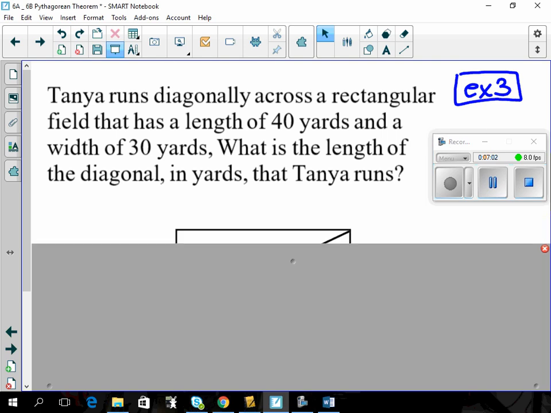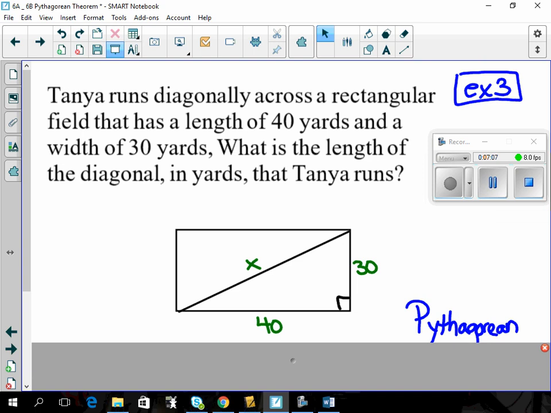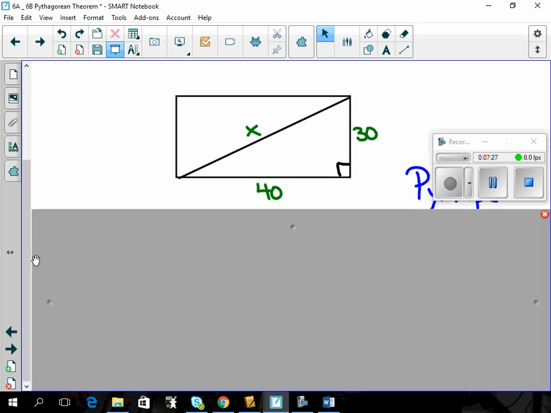So when we look at a picture of this, this is what we're looking for. A rectangle with a diagonal and a length of 40 and a width of 30. Notice that that diagonal cuts the rectangle into 2 right triangles. That's great. So what that means is that I'm going to use the Pythagorean theorem in this case to be able to continue.